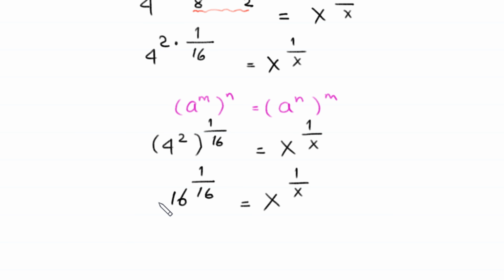Now if we compare left hand side with the right hand side, we notice that at left hand side we have base 16, and at right hand side we have base x, and at left hand side in the exponent we have 1 over 16, and at right hand side in the exponent we have 1 over x. So it is obvious that x is equal to 16. So this is the final answer of this problem.